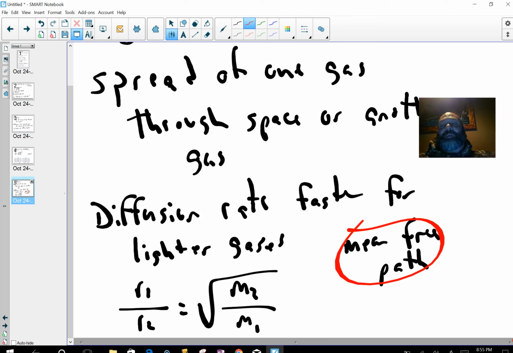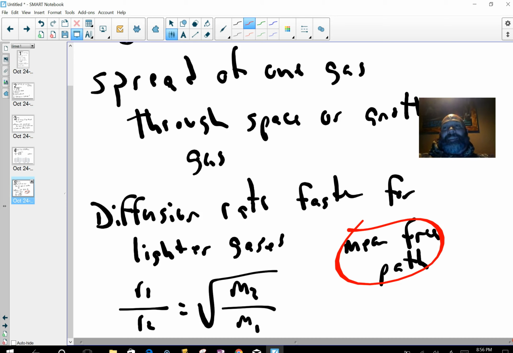It's not going to be 1,150 miles per hour or 515 meters per second, because it's only going to move so fast before it hits something else and changes direction. So remember, elastic collisions are going on here. Every collision is elastic. They're just going to keep bouncing off of each other. So every time they collide with another gas particle, they change direction. And that mean free path is how far they go before they hit something.